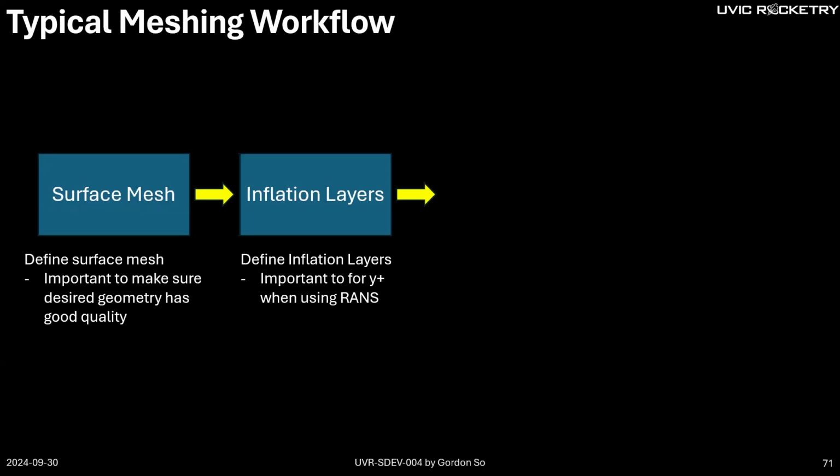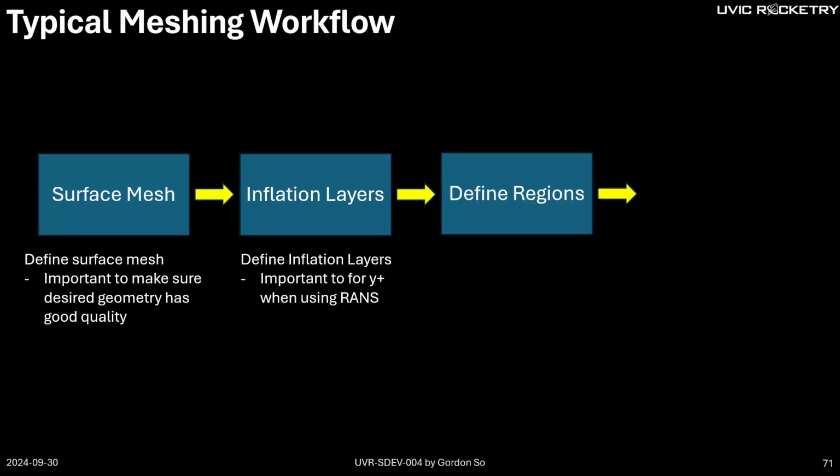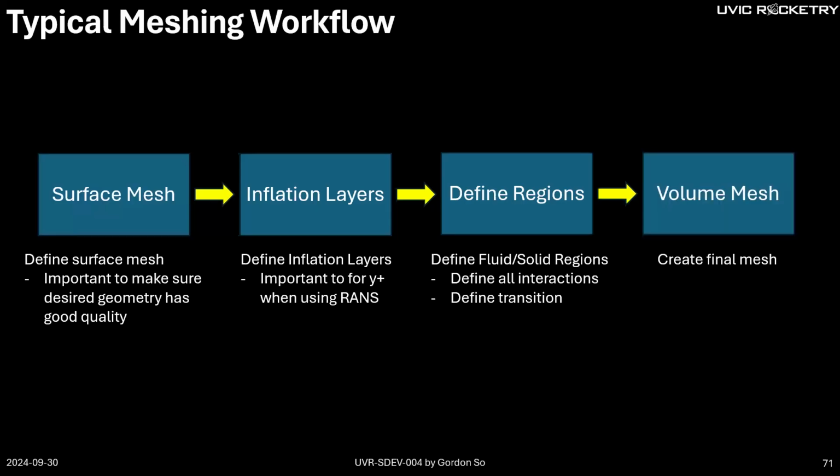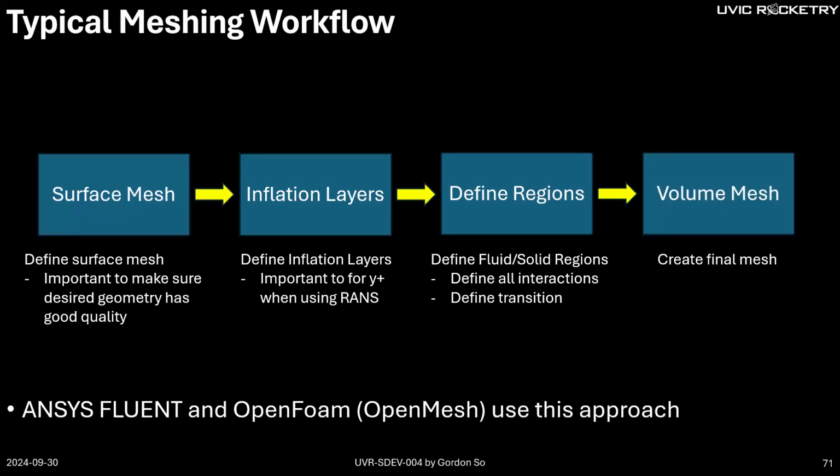This is really important for boundary layers and when you're using RANS. Then you define your regions, like is it a fluid domain, is it a solid domain, and define transitions if there are any. And then you finally create a volume mesh. This approach is common in ANSYS Fluent and OpenFOAM. ANSYS Fluent has its own meshing software, but CFX just uses the mechanical meshing software. So again, it's different for different things.